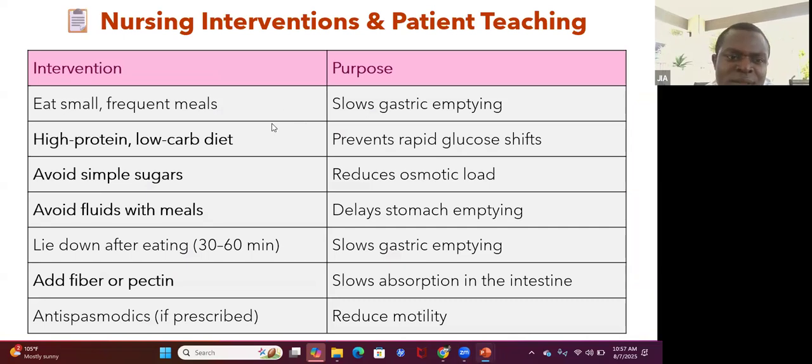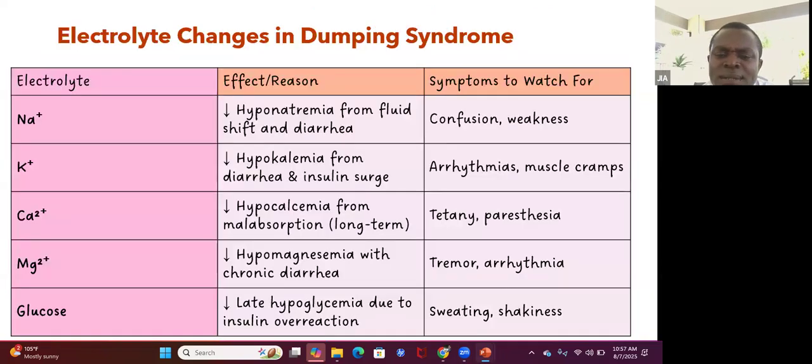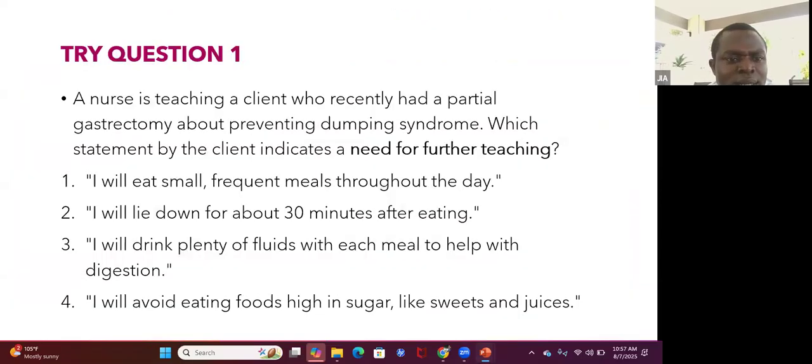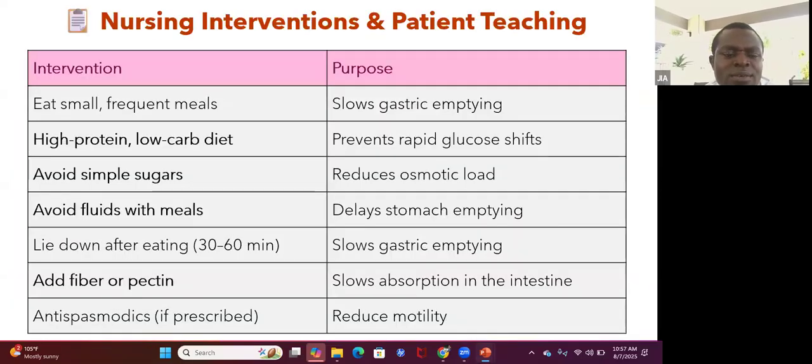Please let me say this before I forget. I don't know whether it's here. Okay, so it's not here. Let me say it before I forget. Please, when gastrectomy is done, remember that the stomach produces an intrinsic factor, which helps with vitamin B12.